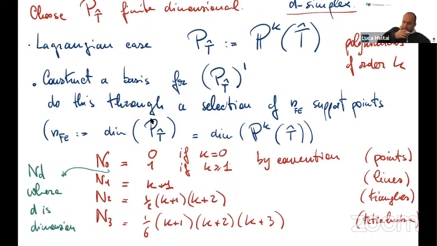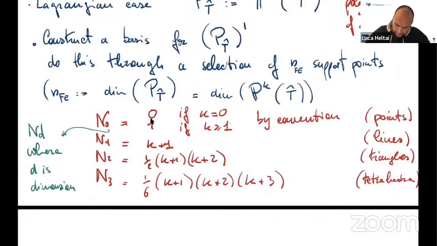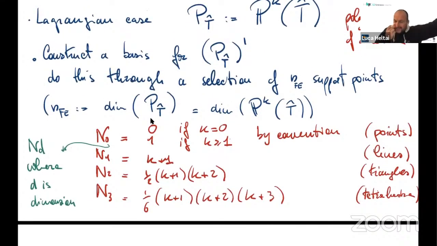Now the idea that we would like to exploit here is that the selection of the support points in reality is arbitrary, as long as you choose a number of support points which is equal to the dimension of the space, if you look at this only locally.